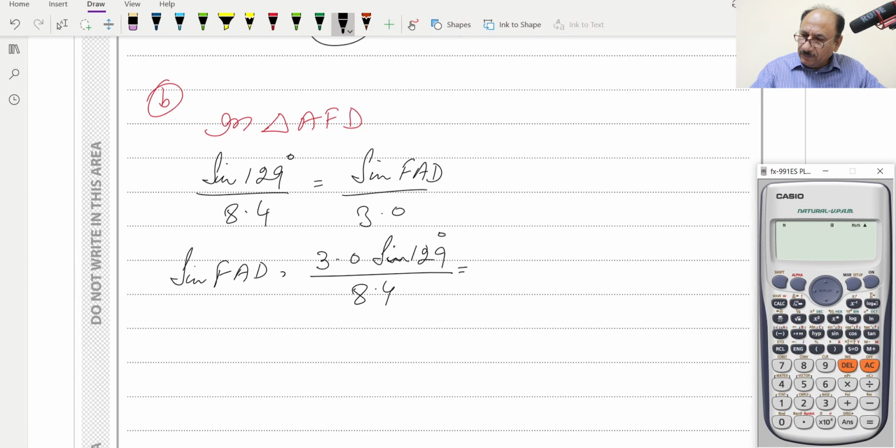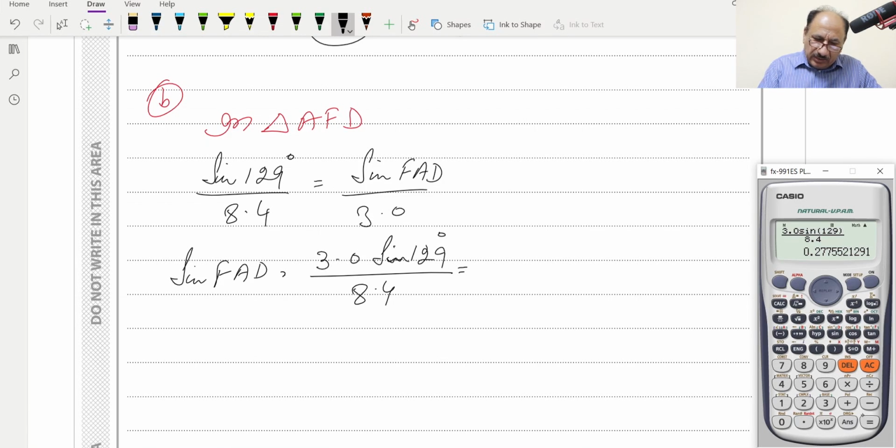So 3.0 sine of 129 divided by 8.4, and this will be equal to 0.27.